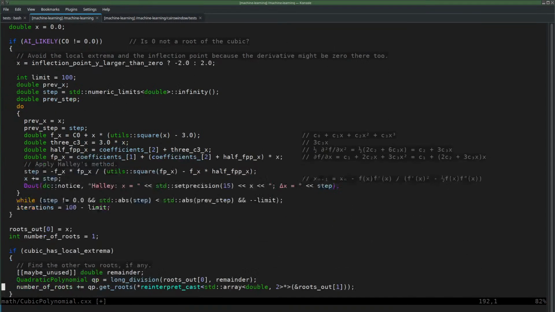Okay, and then we have here, this is and that is 3 times x. But you can see 3 is 1 half fppx; c2 is 0 now. So this is the same thing as that.